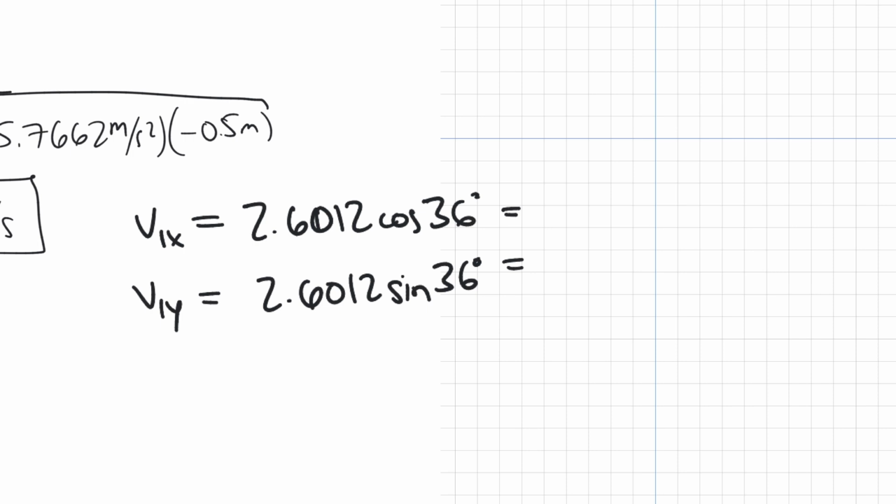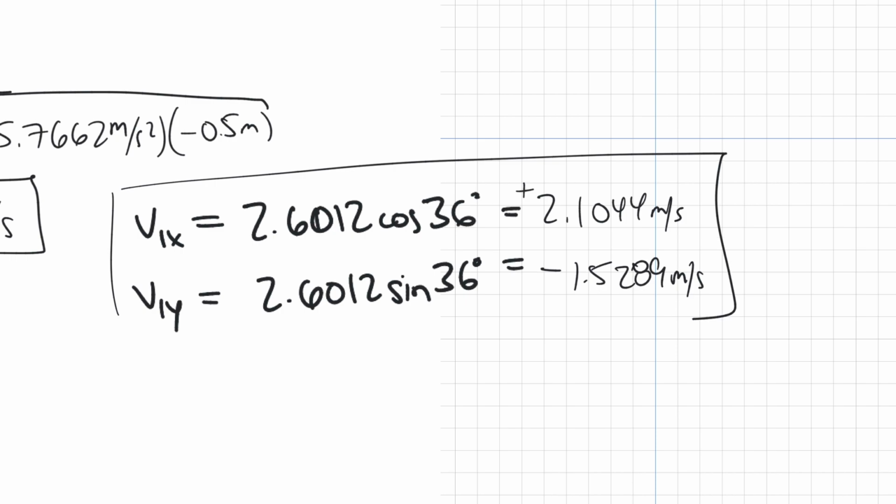Okay, so if I follow my trusty dusty key here, v1 in the x is 2.1044 meters per second. And I'm going to leave a positive sign on that because I decided that x was positive going to the left. And then for y, I'm going to do negative 1.5289 meters per second. Okay, so that will set the stage for my projectile motion problem.